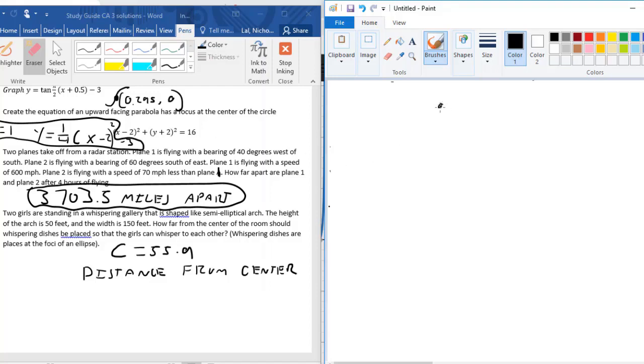So this angle right here is 230. But really, if that's 40 degrees west of south, that means this angle right here is 50.